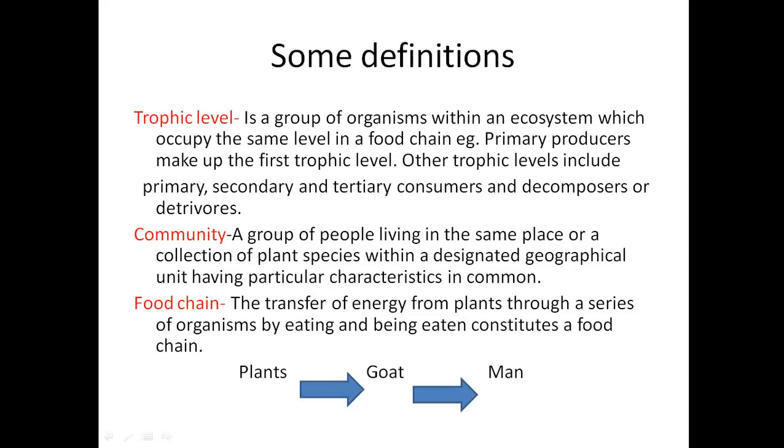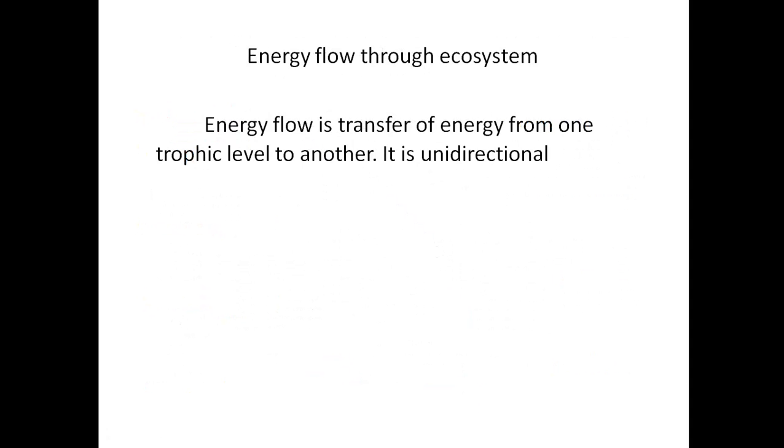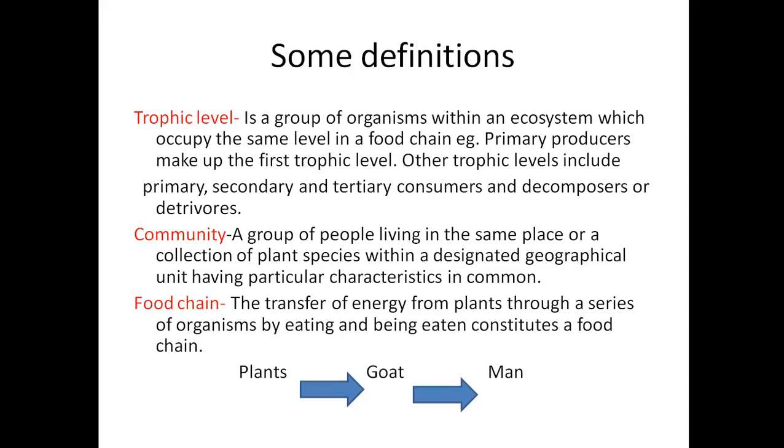But this is a simple example of a food chain, when the energy which has been captured by the plants from the sun is transferred from the plants to the goat, and then from the goat to man.